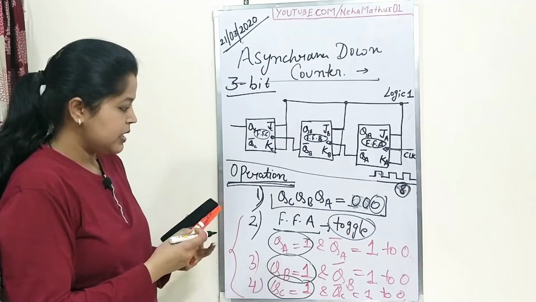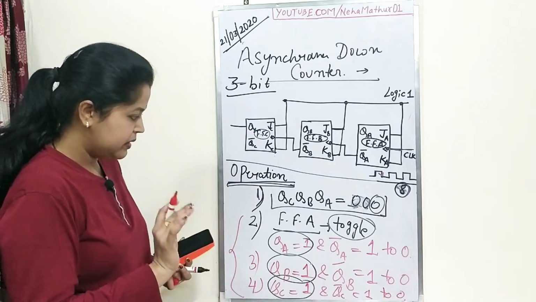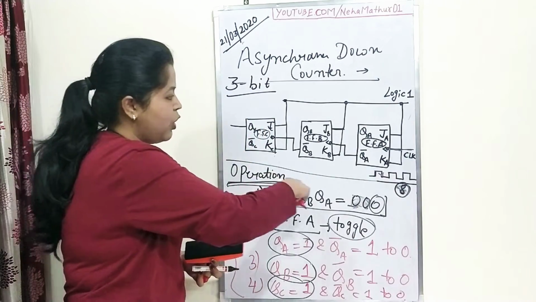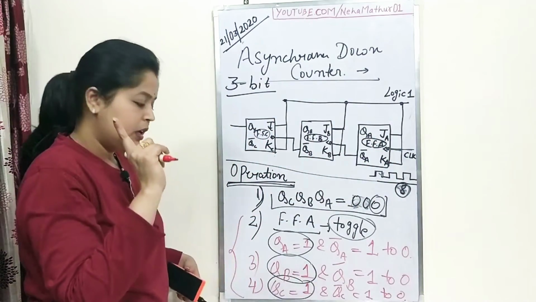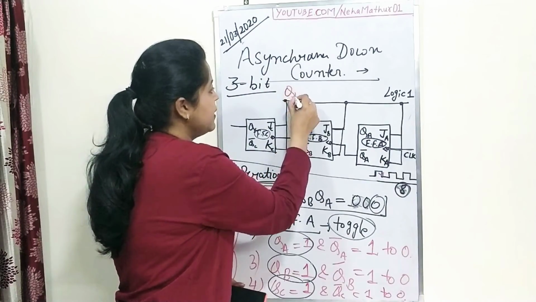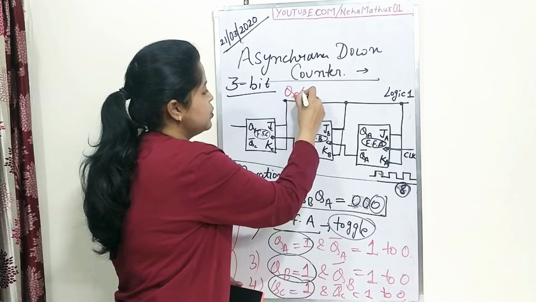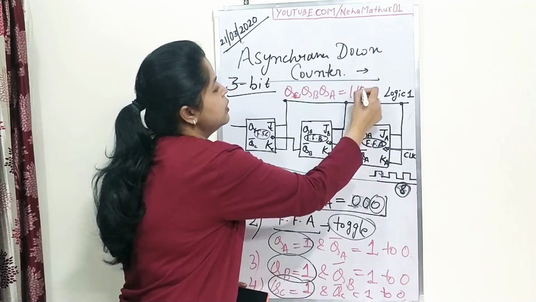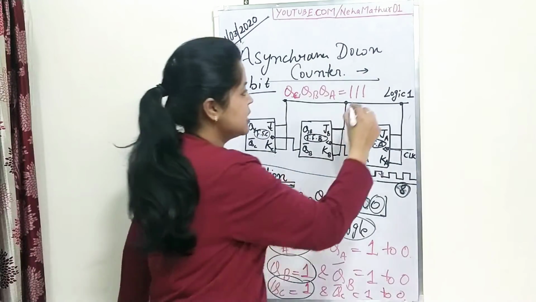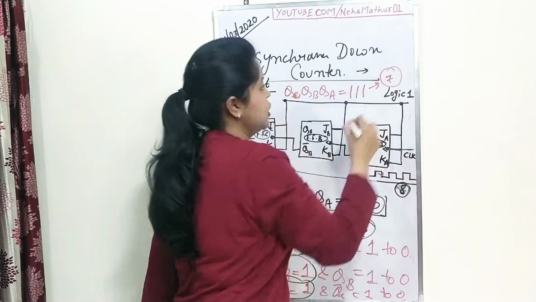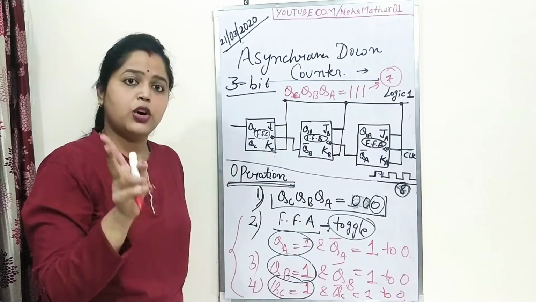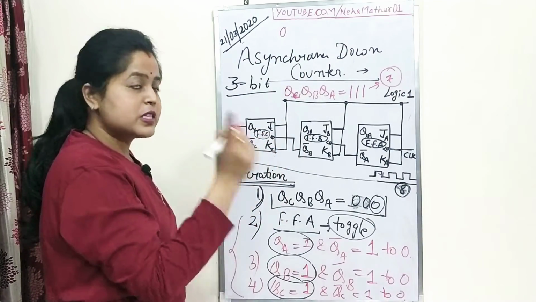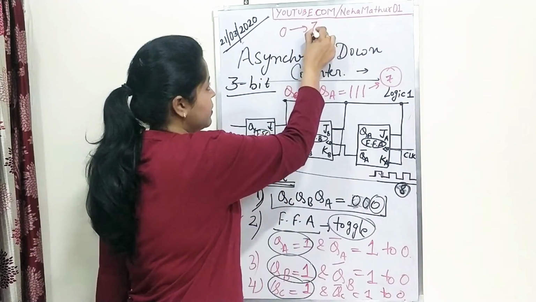So now you can easily observe that after the complete cycle of these three flip-flops, you have QC, QB and QA equal to 1, 1, 1. That means 7. So if initially your flip-flop is set at 0, now it will start to count from 7.